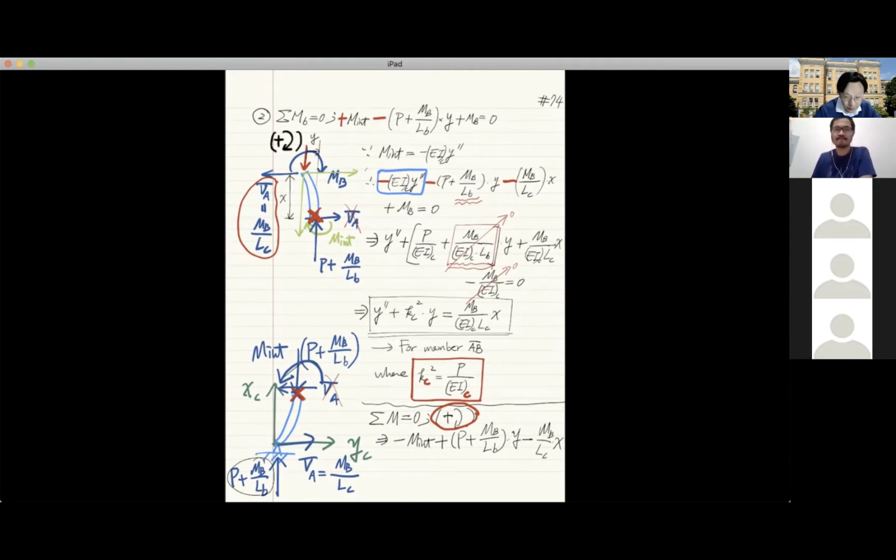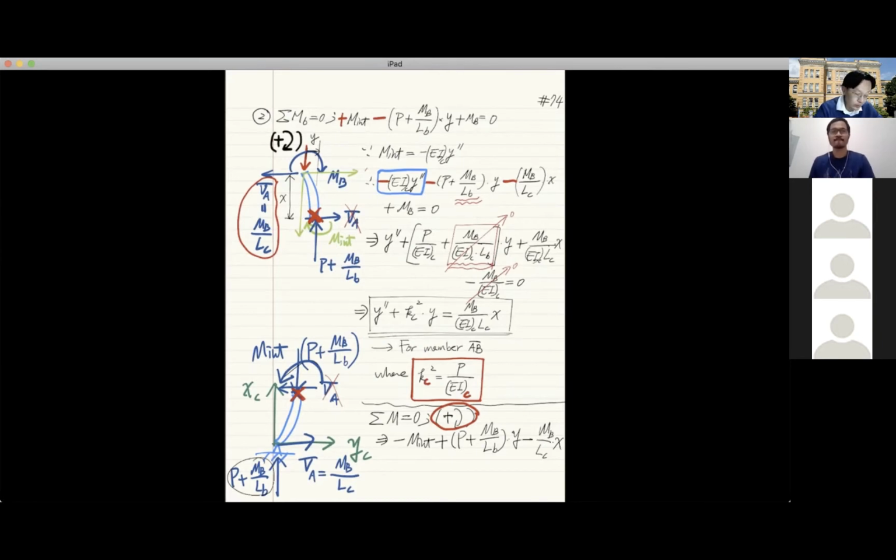So if we do that, we don't have MB because we are not considering the reference point at point B. I think that's the reason why we arrived at different governing equations, because we started from different reference points. Now I got it. Yeah, it can be. So we can get positive X on the right.